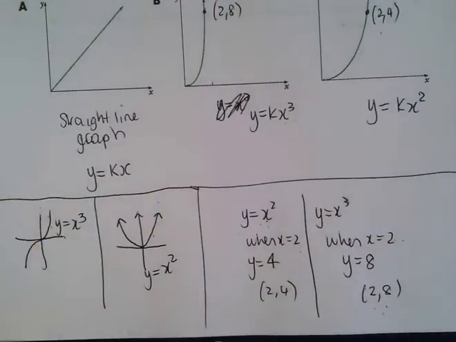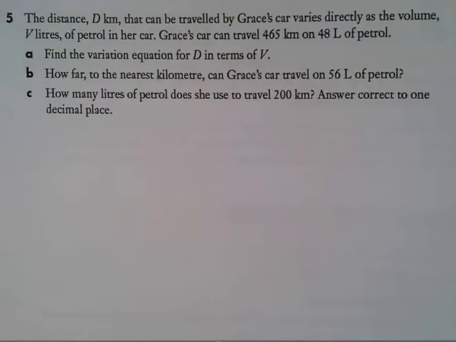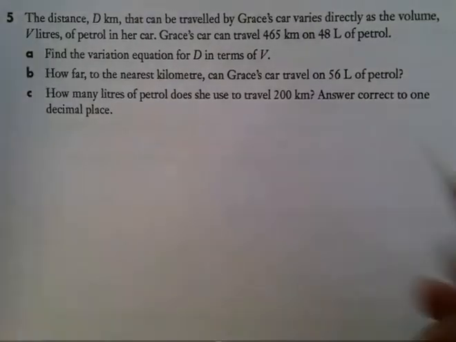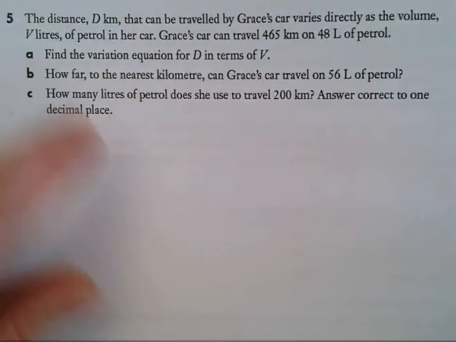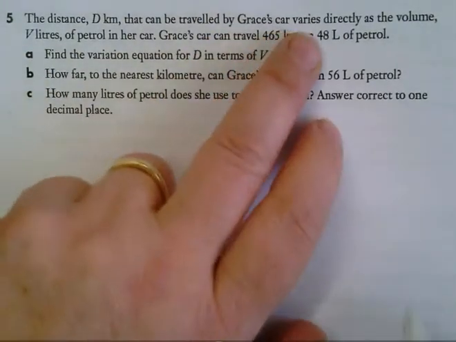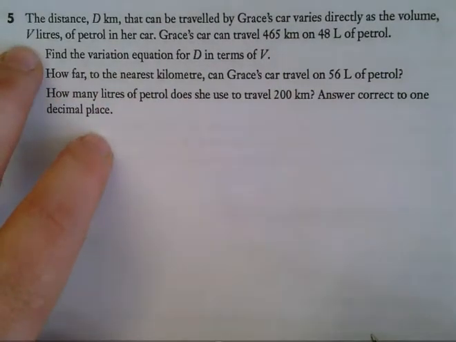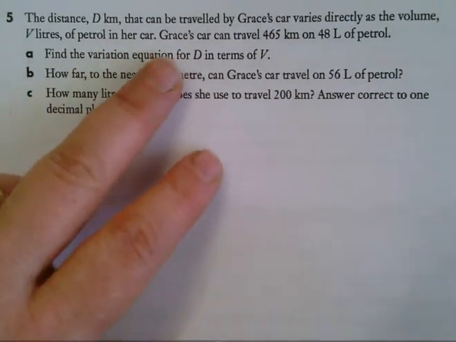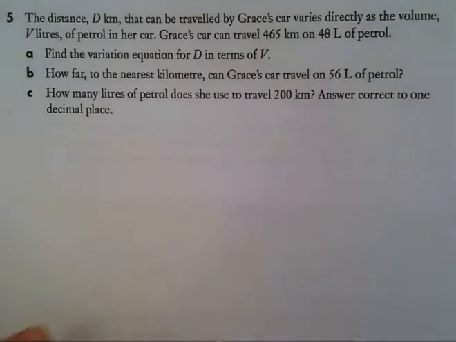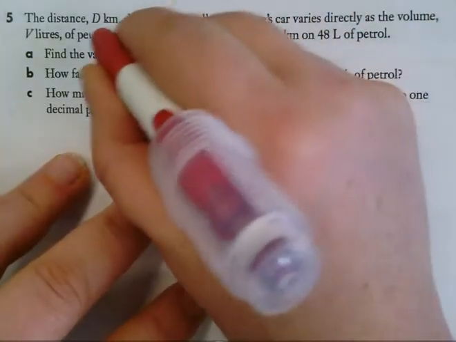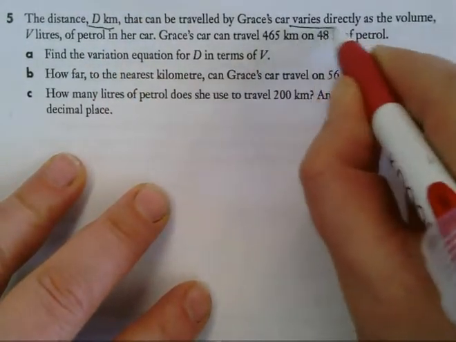All right. Question 5 from your textbook. The distance d that can be travelled by Grace's car varies directly as the volume v of petrol in her car, and she travels 465 kilometres on 48 litres of petrol. So d varies directly as the volume.